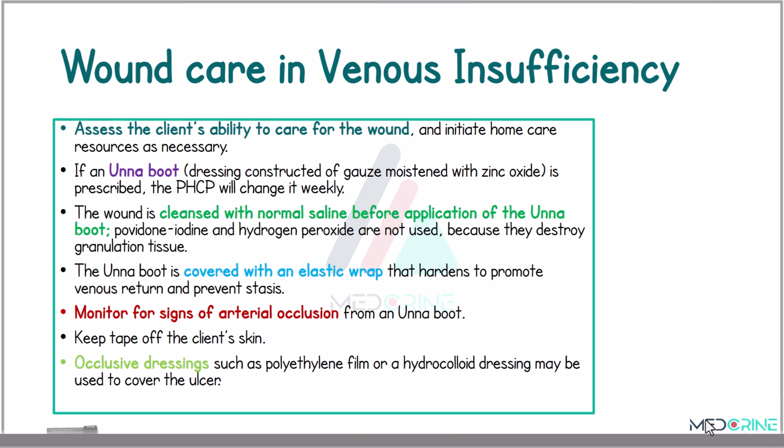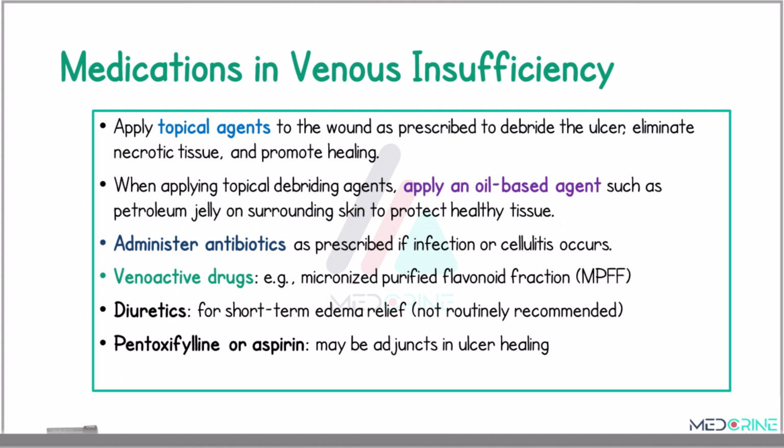These agents are known to cause damage to the granulation tissue. The boot is then covered with an elastic wrapping that hardens to improve venous return, and you need to be sure to monitor for any arterial occlusion and avoid applying the tape directly to the skin. An occlusive dressing such as a polyethylene film or a hydrocolloid dressing may be used to cover the ulcer.